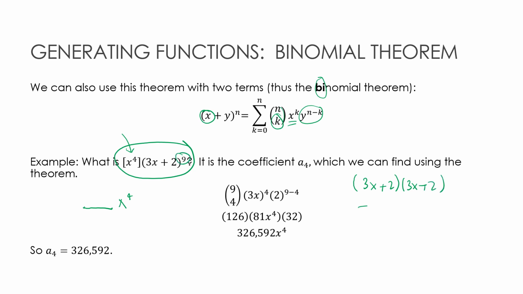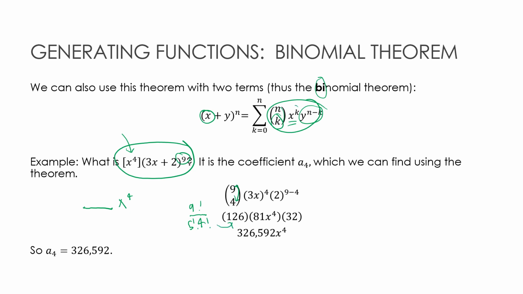Now this would be a pain if I did this 9 times. So instead, let's use the binomial theorem. This is 9 choose 4, so that's 9 factorial over 5 factorial, 4 factorial, which turns into 126.